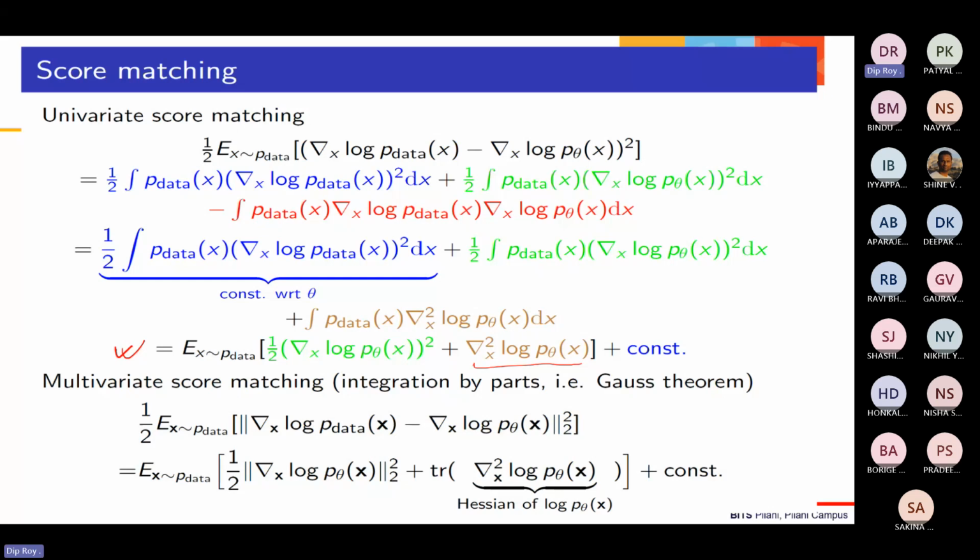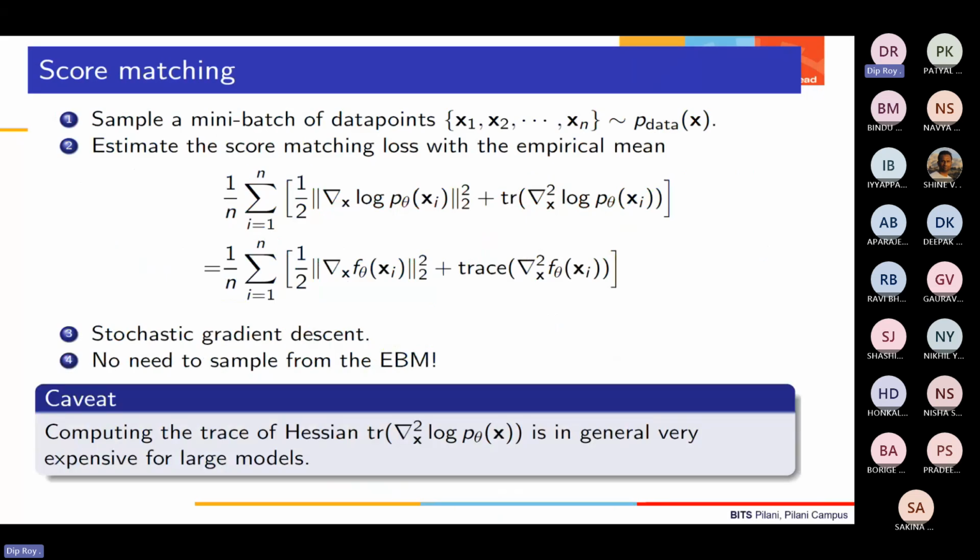Okay. So now how does the score matching algorithm work? It works like this. Sample a mini batch of data points x1, x2, xn, which belong to p data x. Estimate the score matching loss using empirical mean. And now nowhere there is p of data.